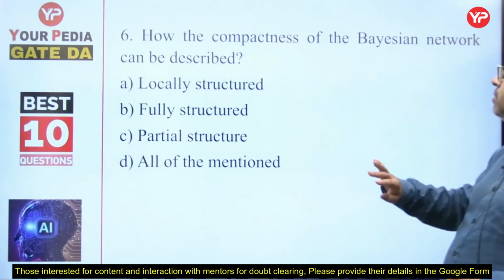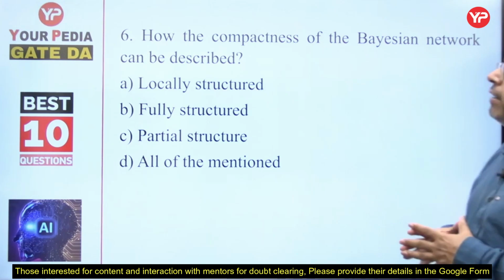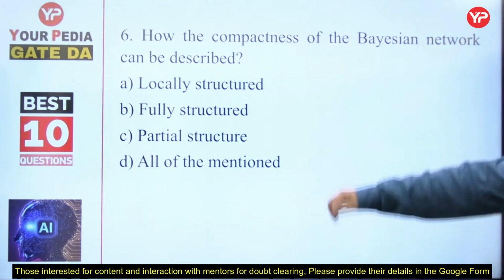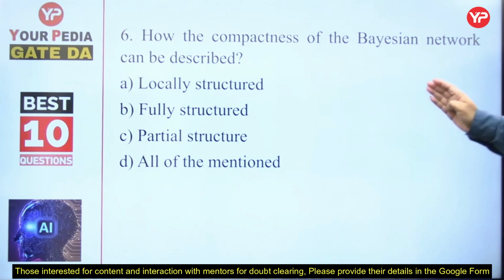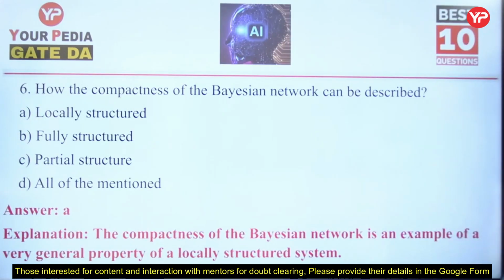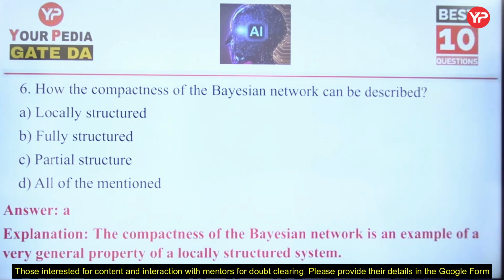That's how it works. Now, how can the compactness of the Bayesian network be described? What is the structure of a Bayesian network? Whether it's locally structured or fully structured or partially structured, all of them are mentioned. So a Bayesian network is locally structured. Answer is A. The compactness of the Bayesian network is an example of a very general property of a locally structured system.